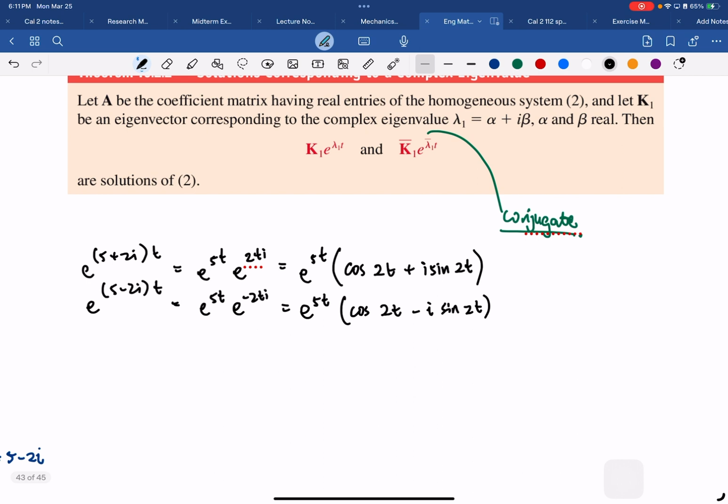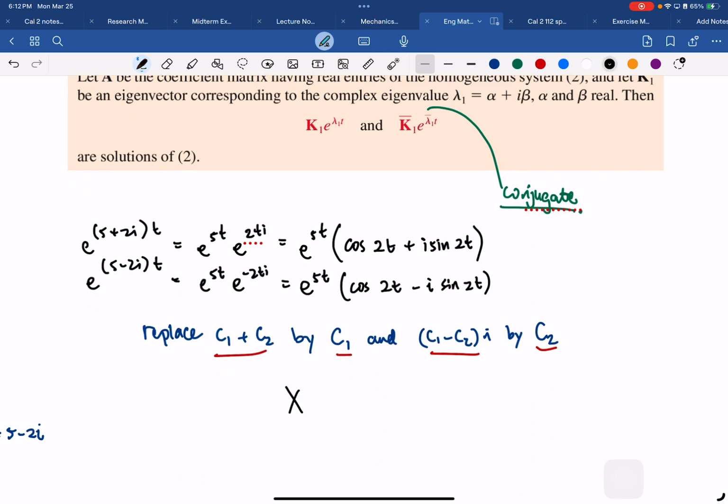And then we can replace C1 plus C2 by C1, and C1 minus C2 i by C2. Okay, so we take this, and we get this.